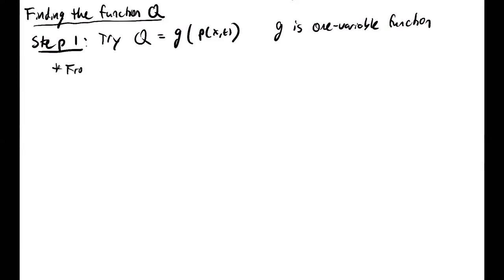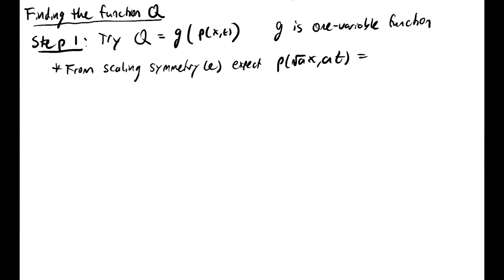Well, notice that, remember, we had this scaling condition, which was scaling symmetry, the last one. We would expect that no matter what p is, if I take p of square root of a times x, and then also a times t, that, well, if I replace p by this value, then that should also be a solution.